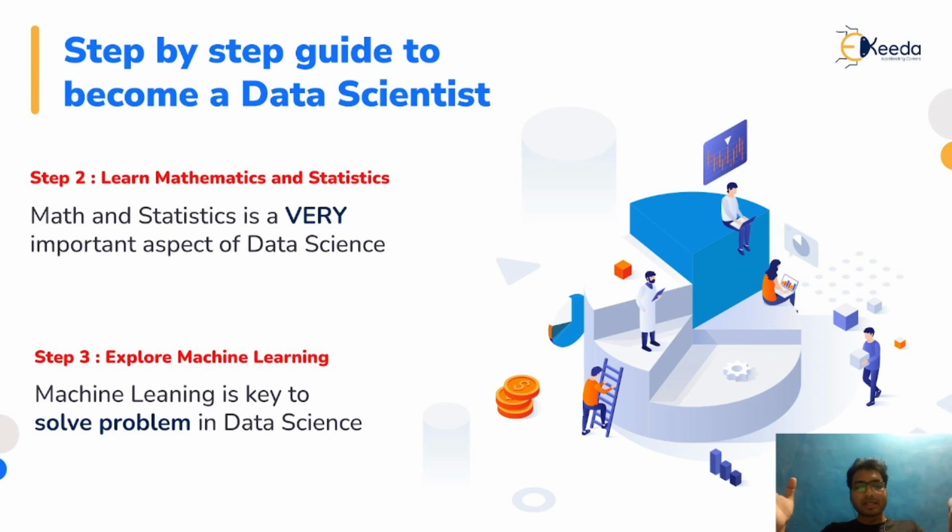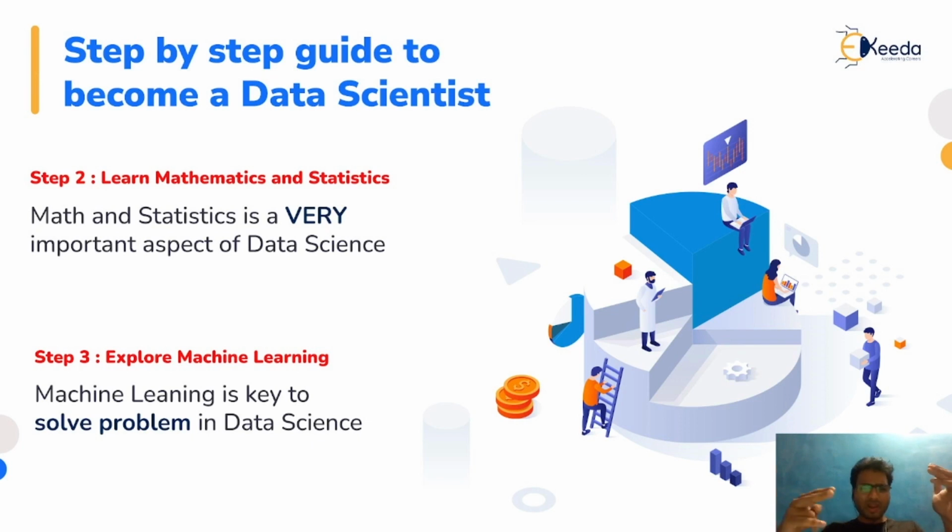Whatever task was supposed to be done by a human, now the machine will do that task. So machine learning is basically instructing machines to identify those patterns on their own. That will be done by machine learning algorithms, and there are specific algorithms designed for that. So your third step is to explore machine learning algorithms.